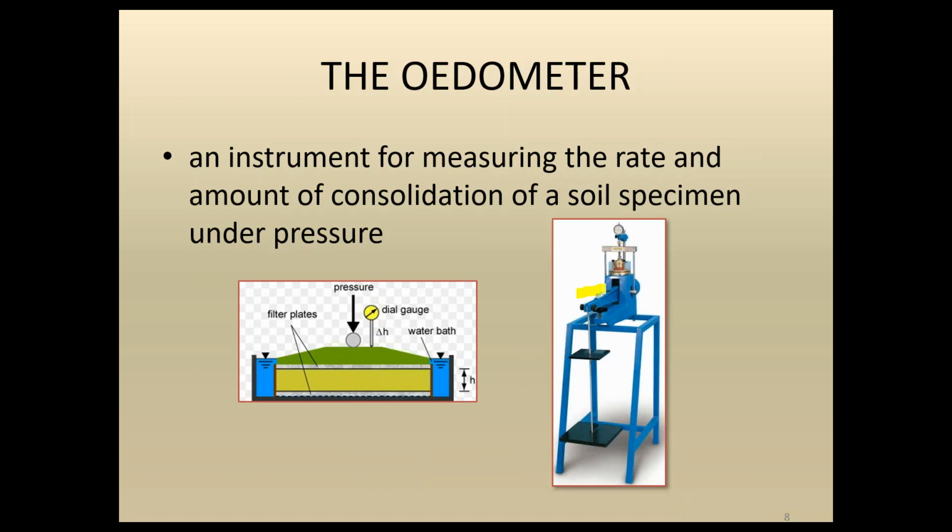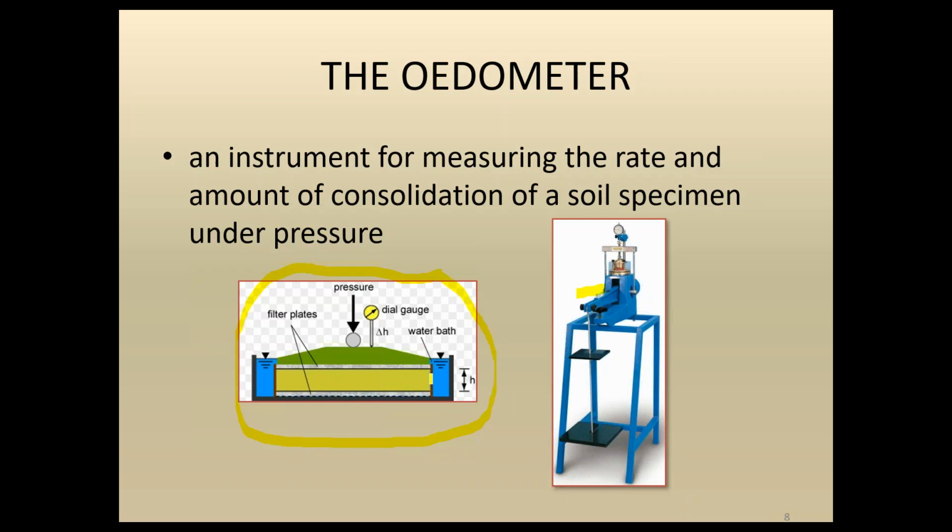Here to your right is a picture of a device that's been around for a long time. It's the loading frame, and you see here where I'm pointing the yellow pointer, that's essentially this here. This is the odometer, or the ring.